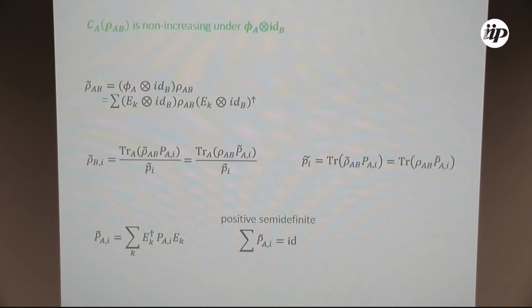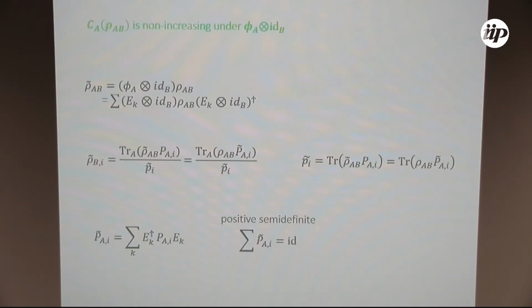If I look now at the states that are generated after I do the measurement on A, here I had the evolved state. I would call this the evolved ensemble state. So these are the elements of this evolved ensemble state. I can write it as the evolved state with the element of the POVM applied to this state.